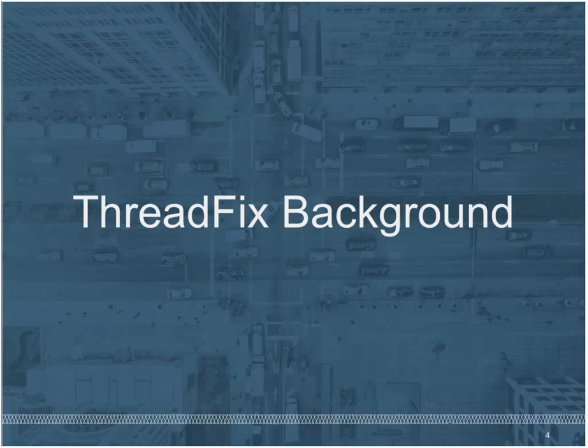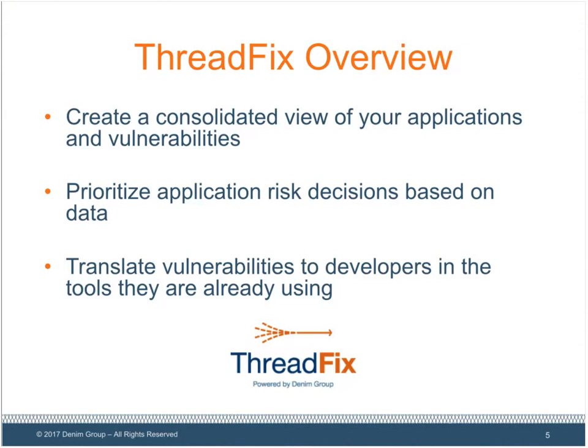So just to provide a little bit of background about what ThreadFix does, when you're running an application security program, it allows you to create a consolidated view of all of your applications and all the vulnerabilities that you have identified in those applications. Once you've got all that data in a structured central format, then you can start to prioritize application risk decisions based on this data.